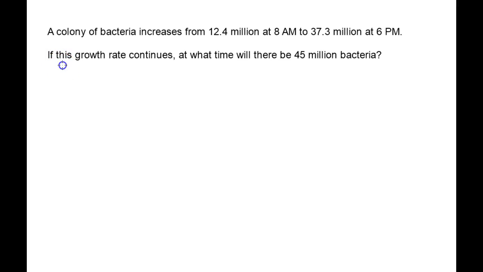We're going to use the continuous population growth model. So the ending population P equals the initial population, P sub 0, times e to the growth rate k times t. So kt is in the exponent of e. Let's plug in what we know.